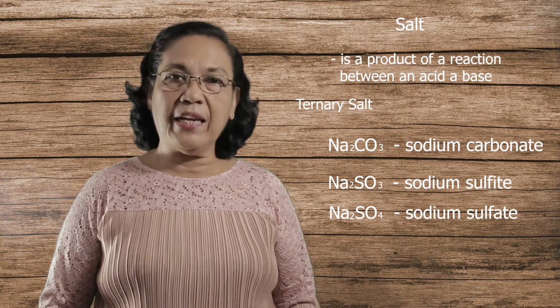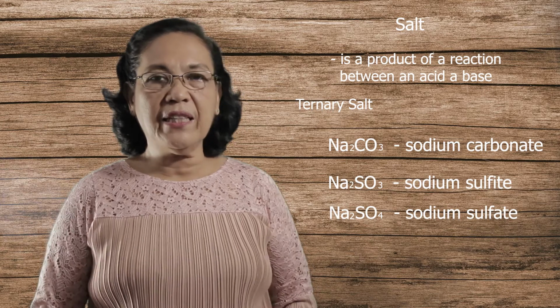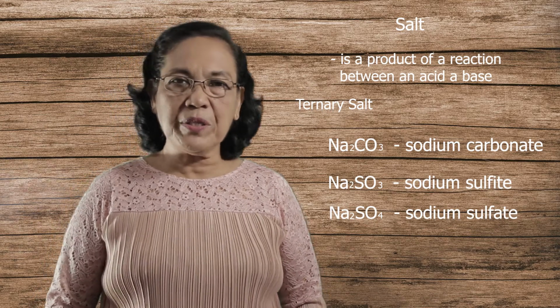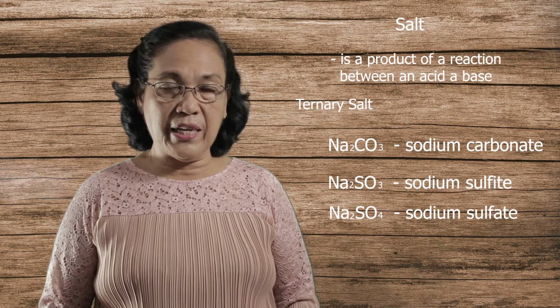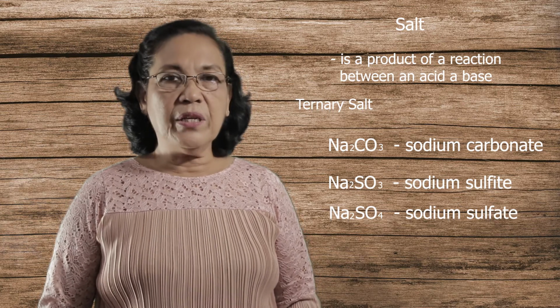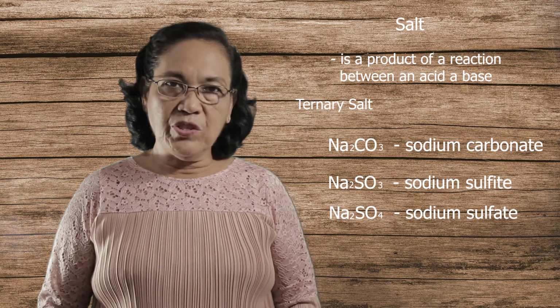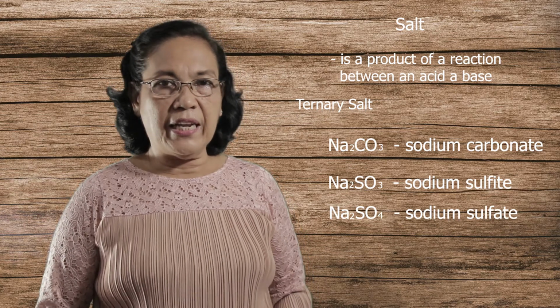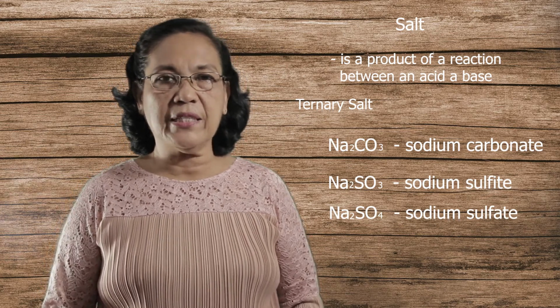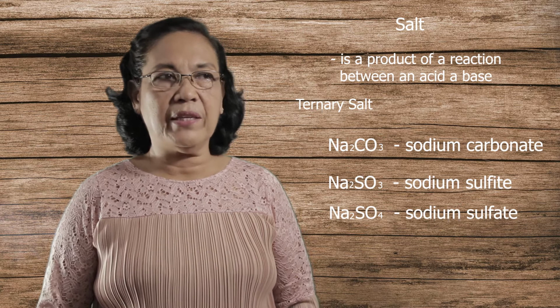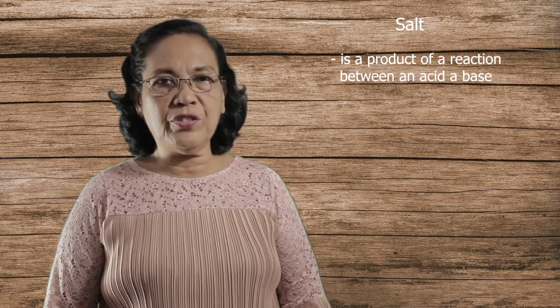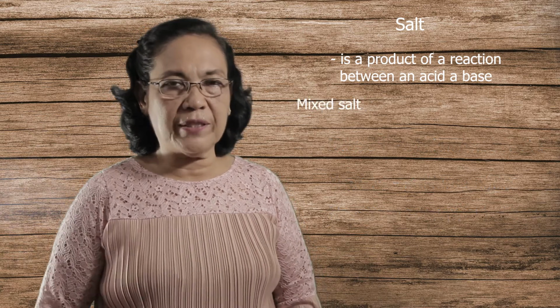And what did I say last meeting? I said that if the subscripts are all 1, you may not write them anymore. So the formula becomes MgCO3. And the name of this ternary salt is magnesium carbonate. The third group of salt is the mixed salt.